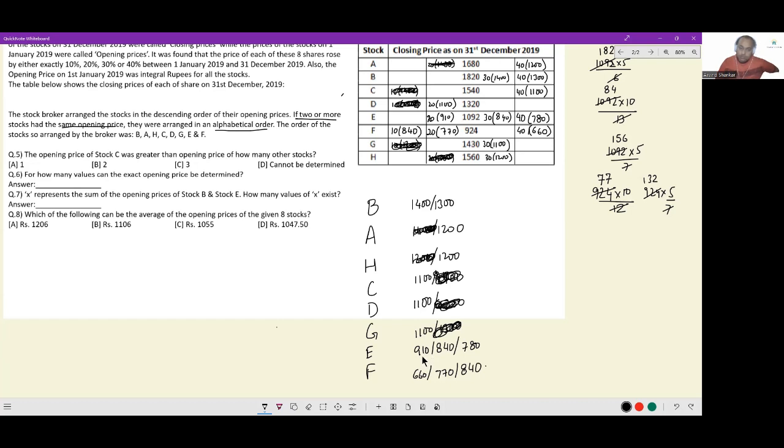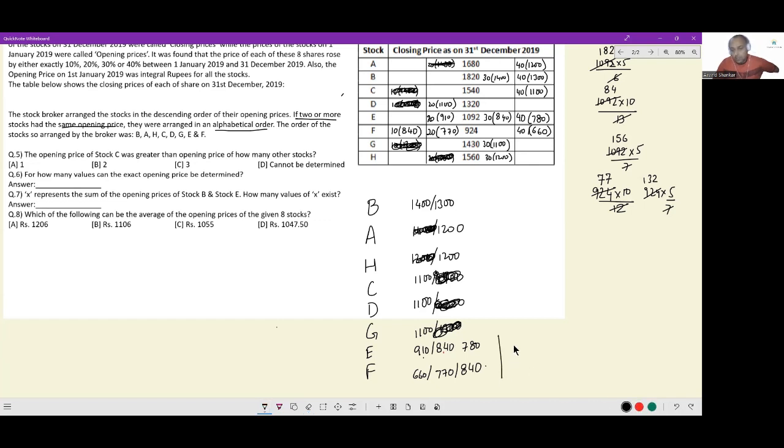See, there at 910. I'm linking it this way. 910. If I have 910, it can go any of these three spots. If it is 840, it can go to any of these spots. But if it is 780, it can only go to 660 or 770. 840 cannot be obtained. So for E and F, I'll make a separate recording.